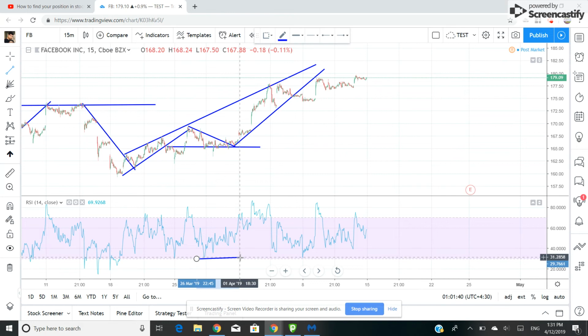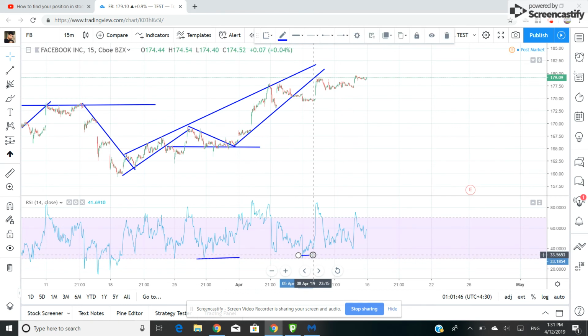So for example, this is a bottom and this is a bottom here, but the prices are different. Here's a bottom for 165.16 for example, and here's a bottom for this, 174.16.